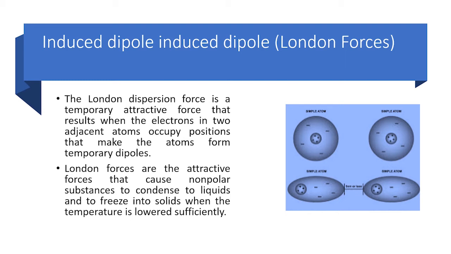This instantaneous dipole is developed due to the unequal distribution, or the circulation, of electron clouds. This temporary polarity is called the induced dipole moment, and it exists for a very short period of time and immediately stops.